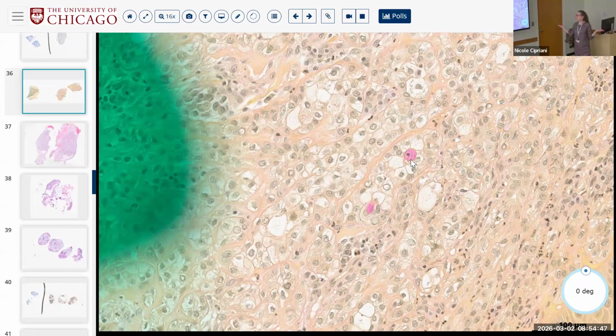What fusion are we looking for? MAML2 versus EWSR1-ATF1, right? EWSR1-ATF1 is HCCC and MAML2 is mucoep. Okay.